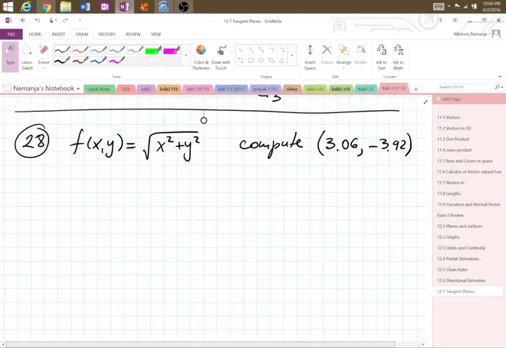Now we have all of the things to compute. This is for us to arrive at the answer.